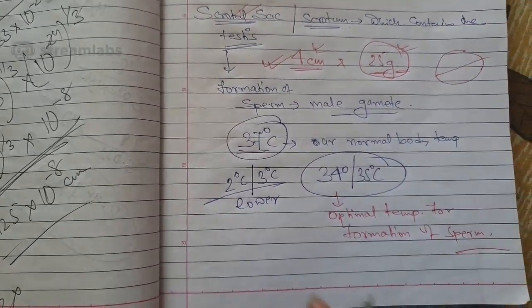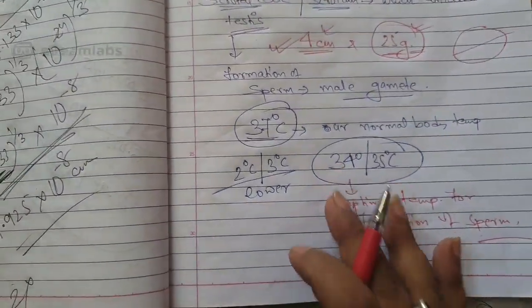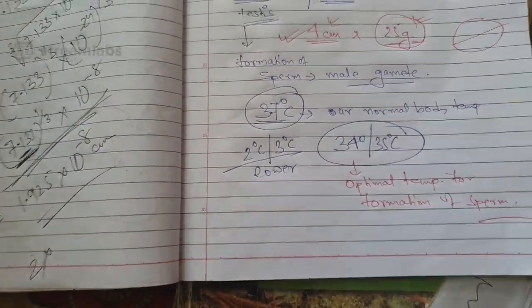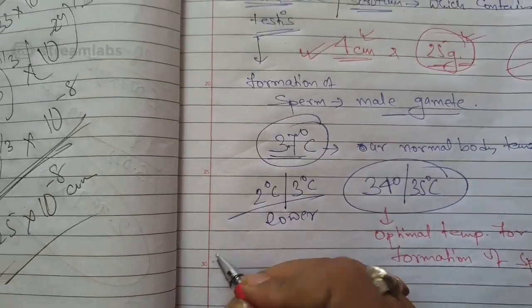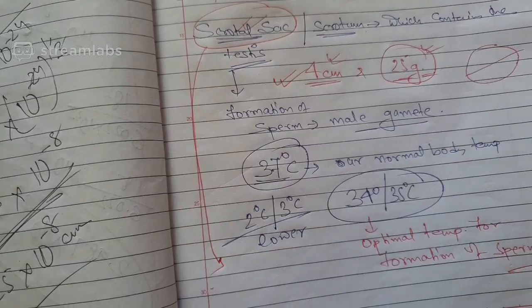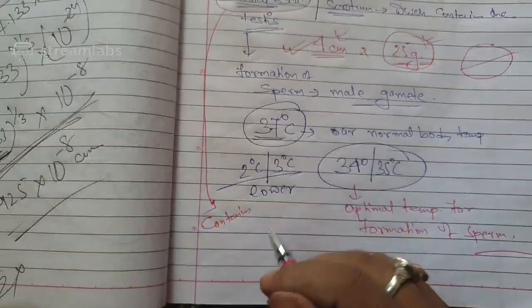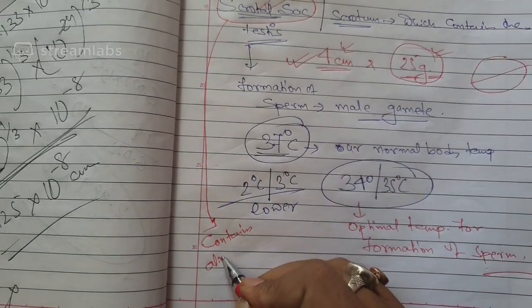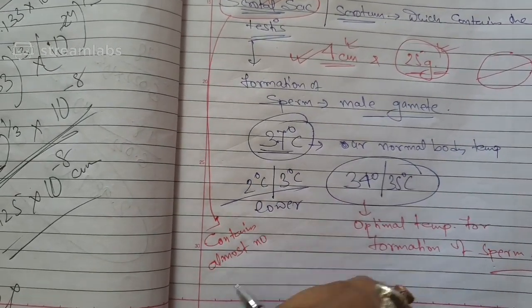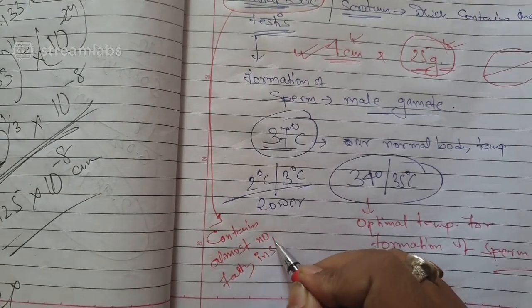Okay, so the thing that you know and the thing that you should know is that the scrotal sac contains almost no fatty insulation.